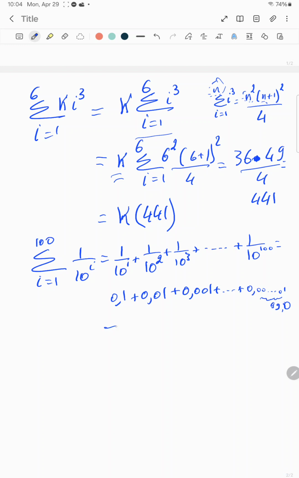So if I add those, 0.1 plus 0.01 plus 0.001, it will become 0.11111, and then 100 times 1.